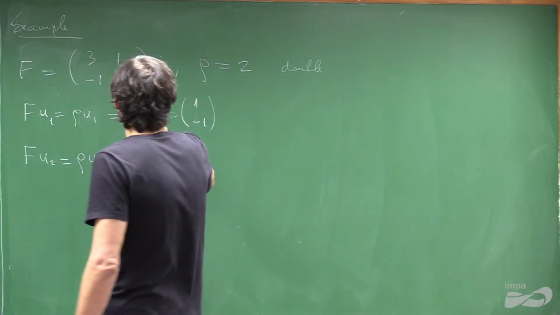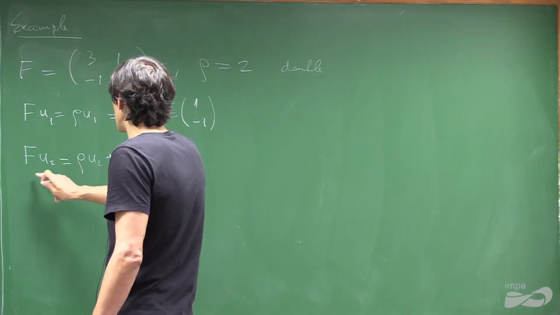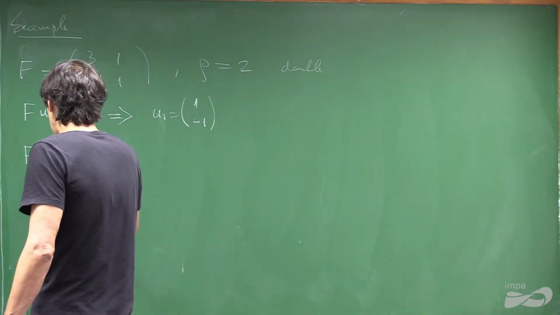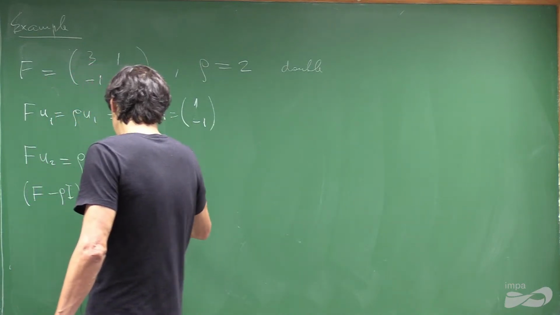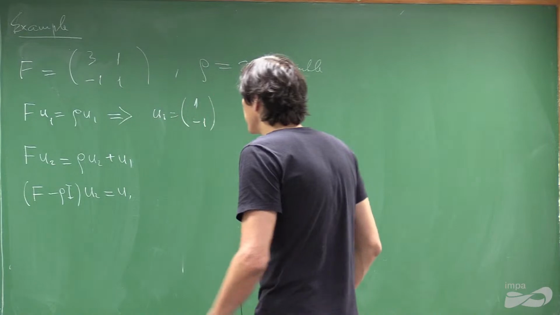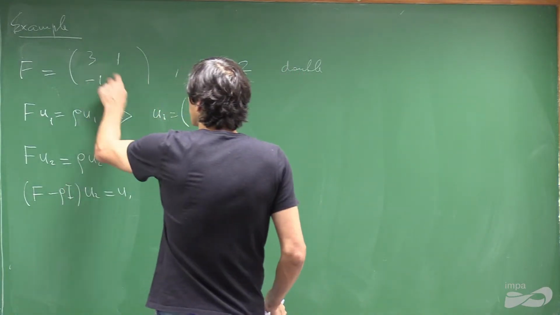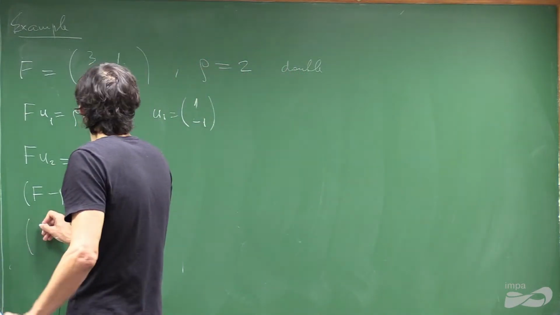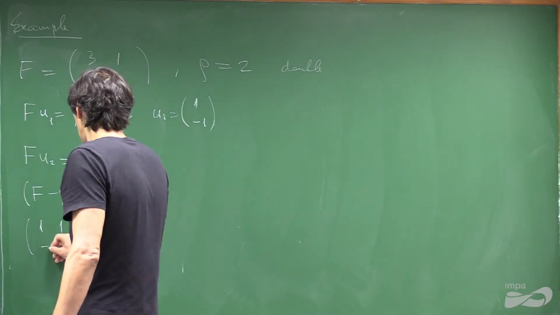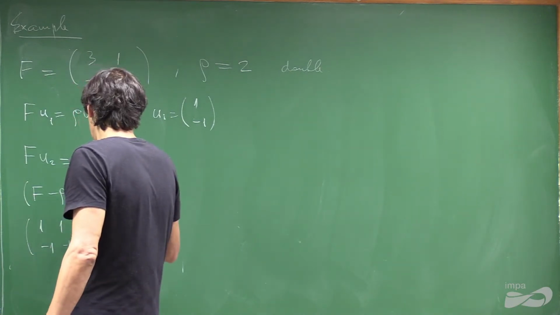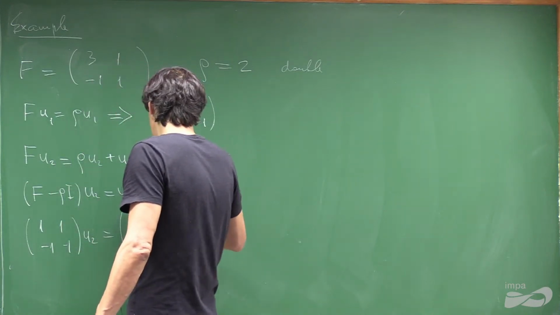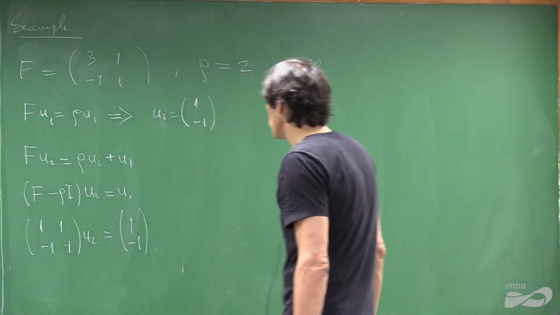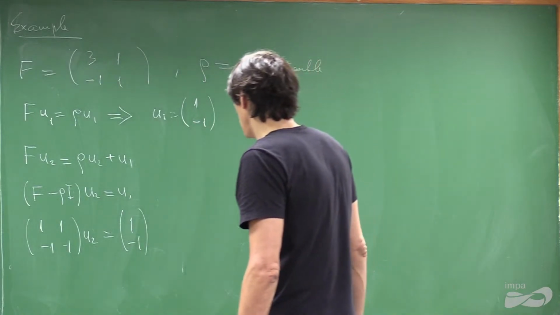So this can be written as F minus rho I, u2 equals u1. And in this difference, you subtract 2 from the diagonal, so it will be 1, 1, minus 1, minus 1, u2 equals u1, which is 1, minus 1. So the solution is not unique, but we just need any vector.